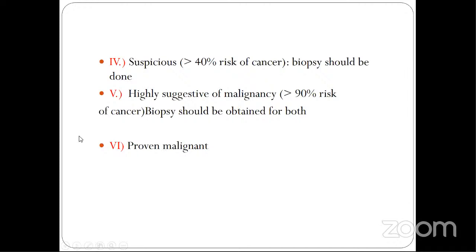4. In the 4 classification, 4 is suspicious. More than 3, there is risk of cancer. Biopsy should be done. We said 0 is incomplete. 3 is most probably not malignancy, less than 2%, and will do follow up as low risk.